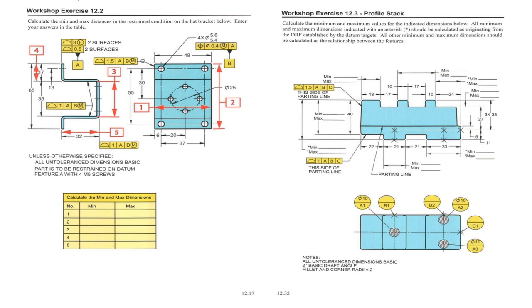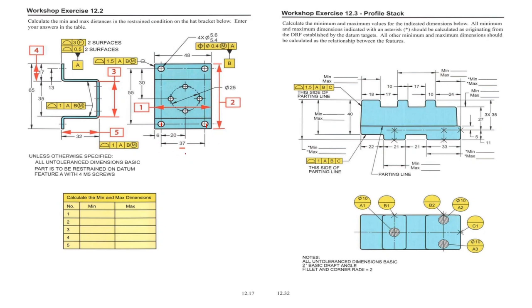So here the next is the hatch bracket, and again here we have to find out these values, maximum and minimum. So for this first one, the maximum value or the minimum value from here to here is from this point to this point is 37. So we got here this 37, then plus 6 and 6 here.